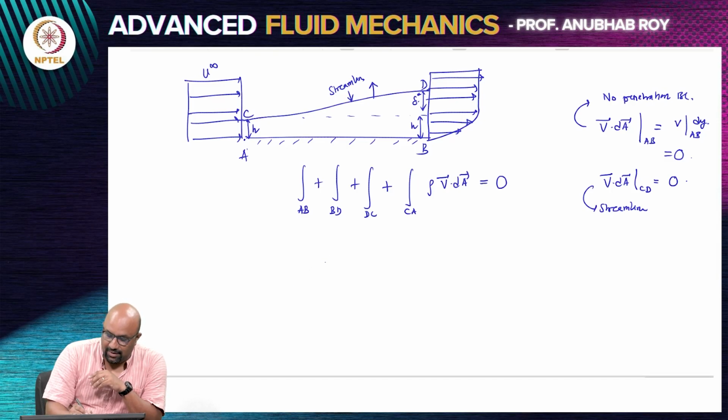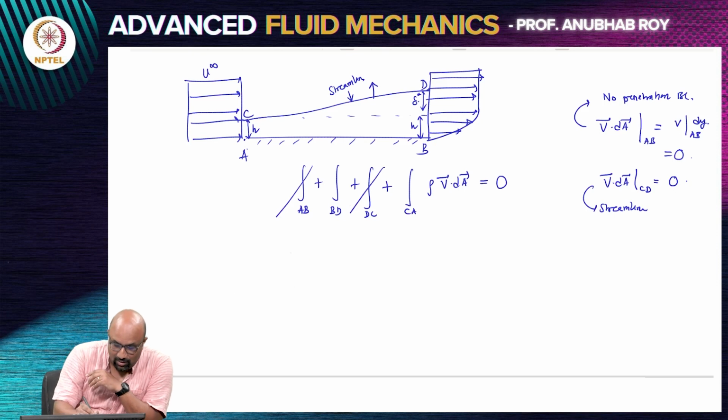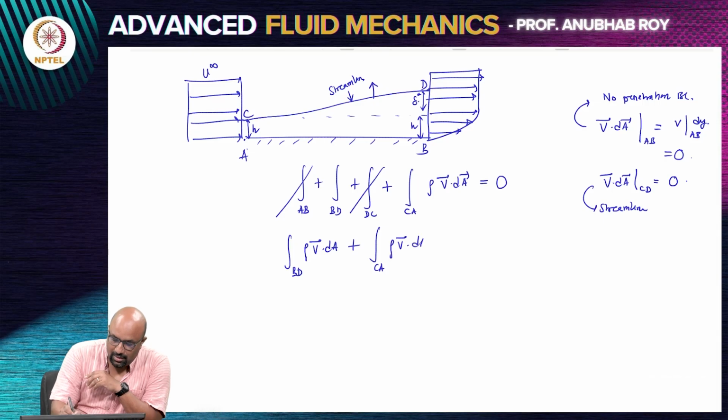So, we do not have any contribution from AB, we do not have any contribution from CD, and we are now left with the integral over BD of rho V dot dA plus the integral over CA of rho V dot dA equal to 0.